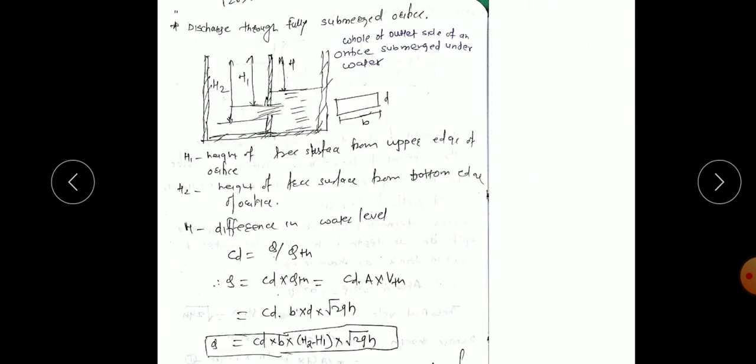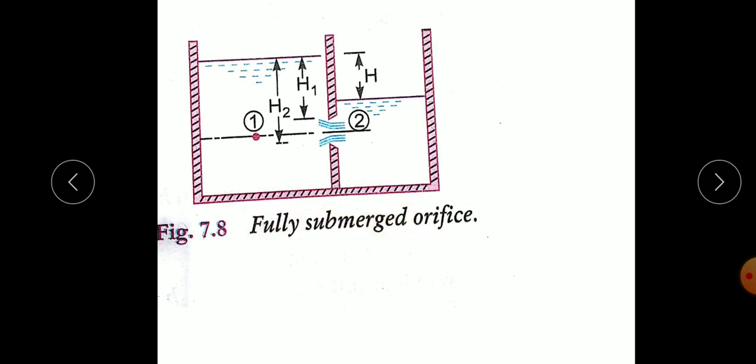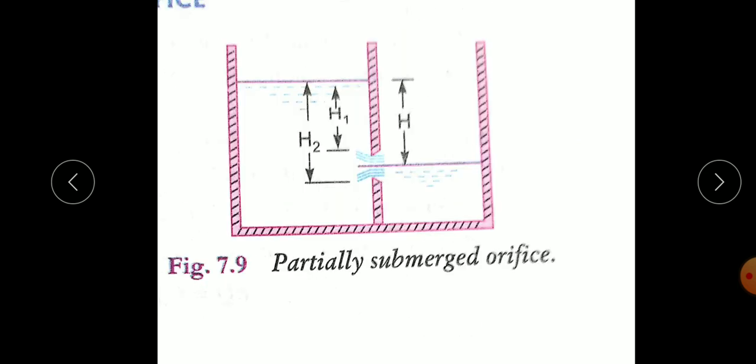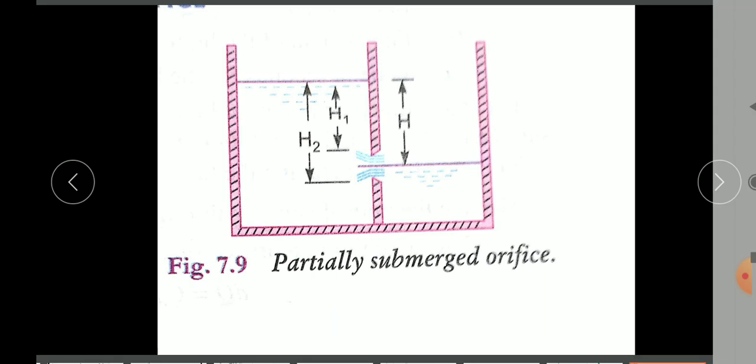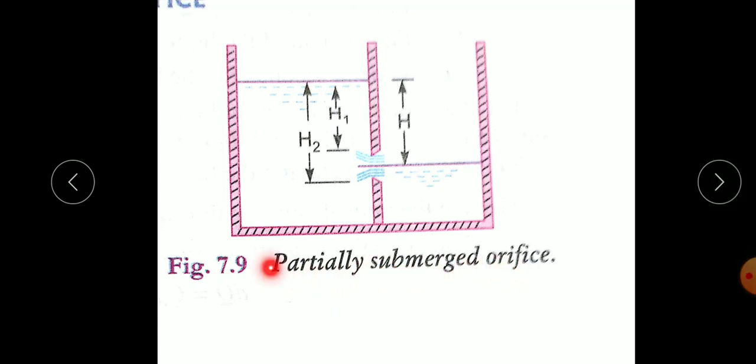Submerged orifices again have two types: fully submerged and partially submerged orifices. As the name indicates, partially means the outlet side is partially inside the liquid.